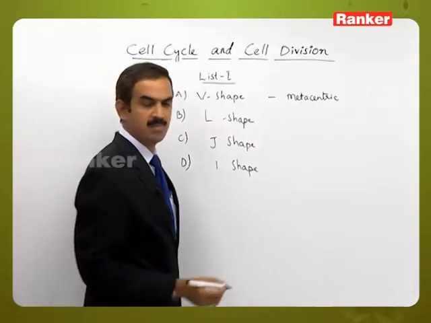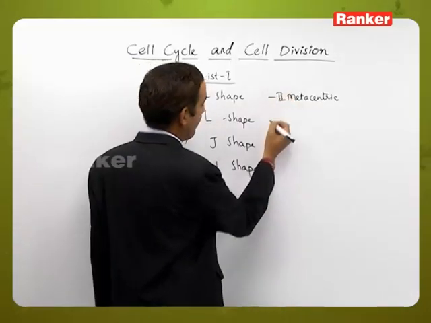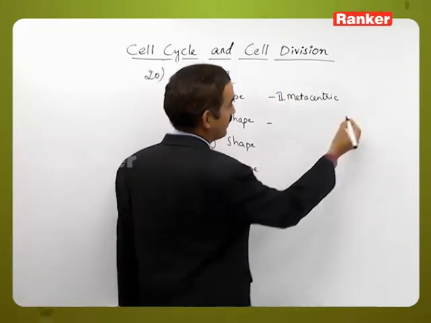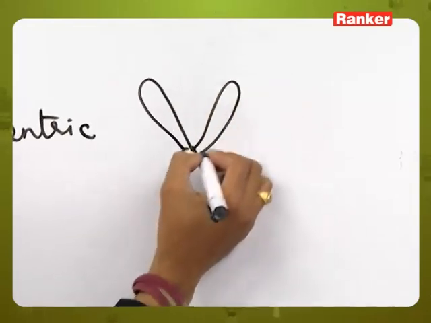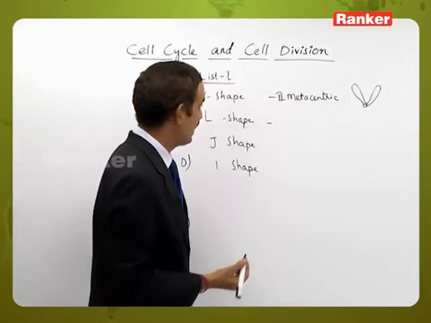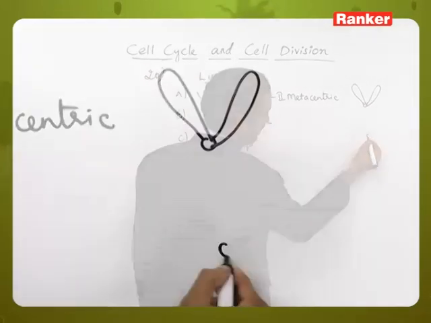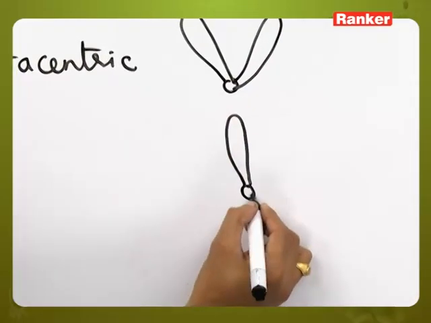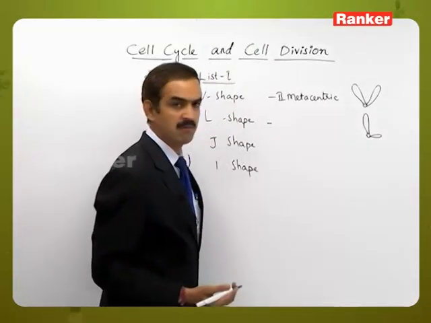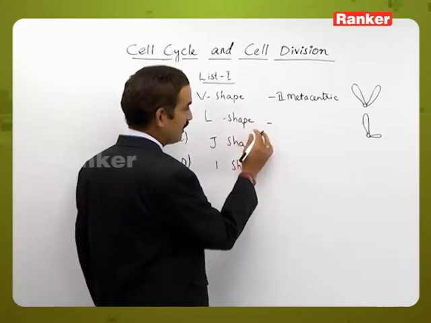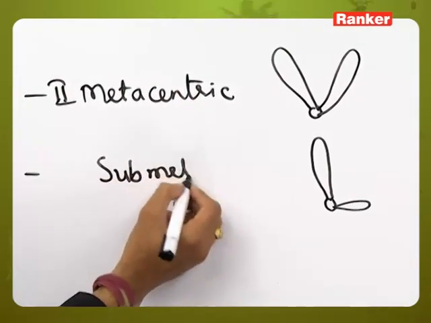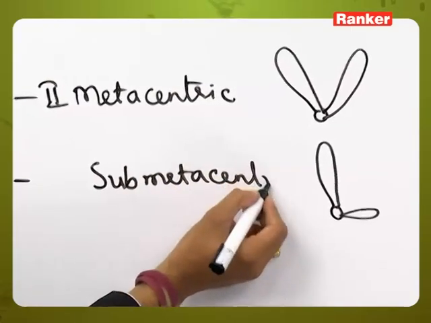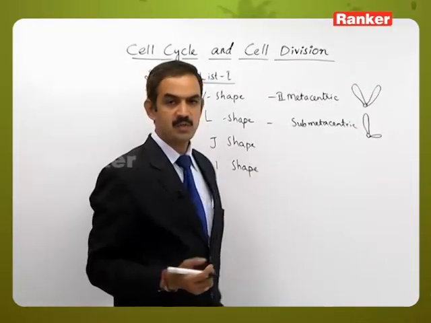That is, metacentric have been given as 2, and L shape can be seen. So here we can see the shape like this. Two equal halves will be present, and in L shape the shape will be like this, where one arm will be very long and one arm will be short. So the submetacentric chromosome will exhibit this character.